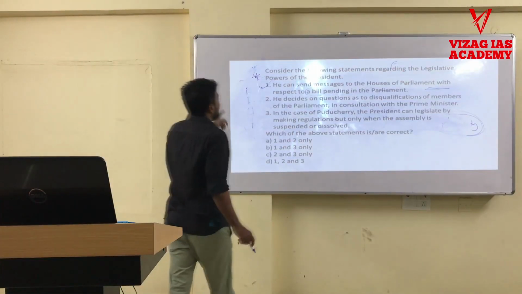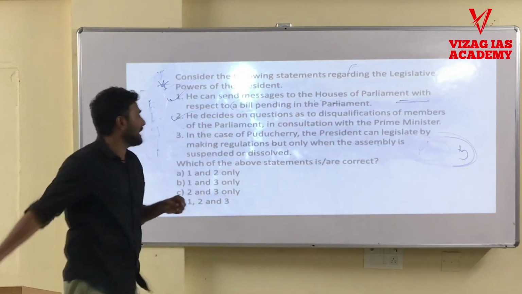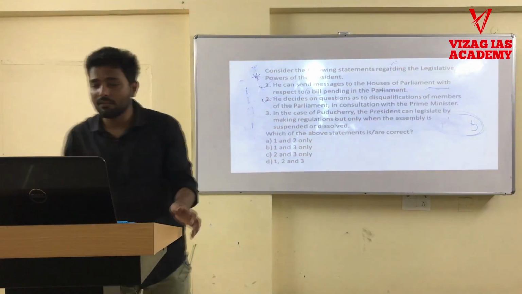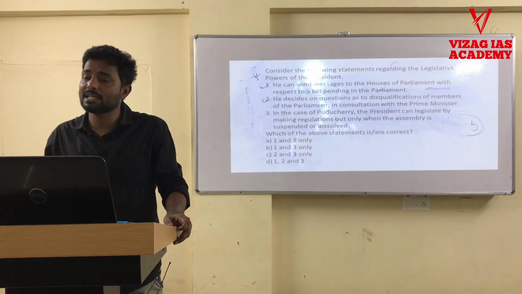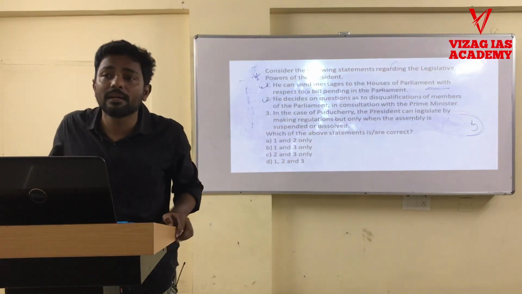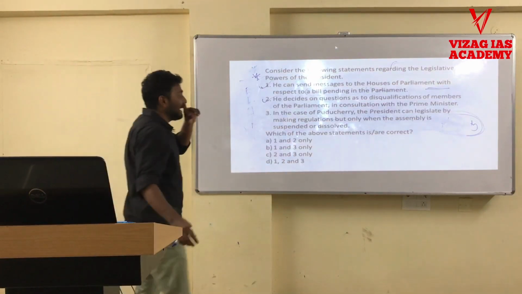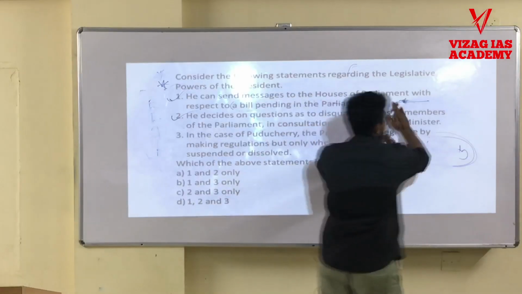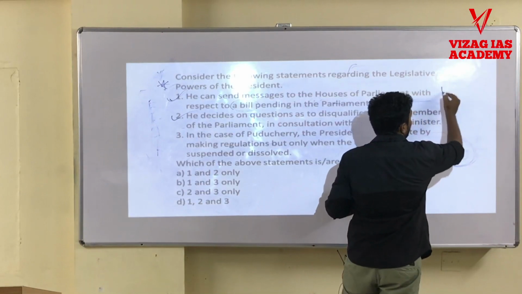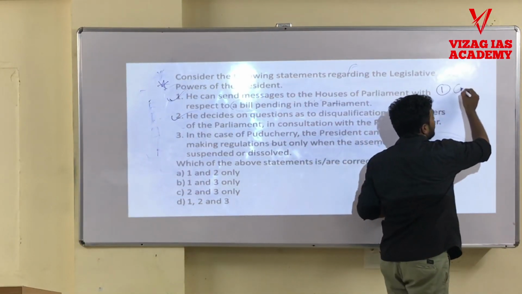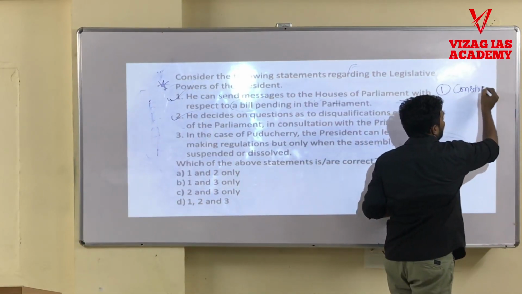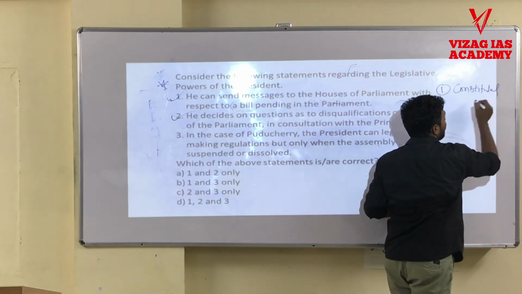That is correct. He decides on questions as to the disqualification of members of parliament in consultation with the Prime Minister. Is it correct or not? There are certain disqualifications which we have seen and I have discussed. What are those? One thing is constitutional disqualifications.